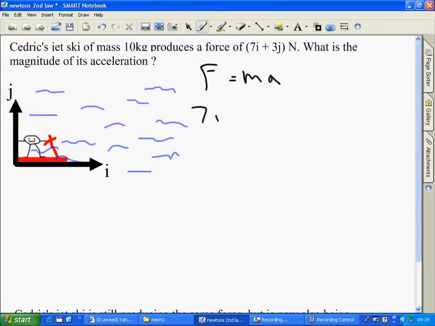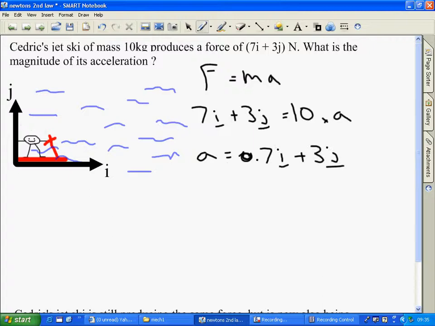We have the force of 7i plus 3j is equal to 10 multiplied by a. So a equals 0.7i plus 0.3j.